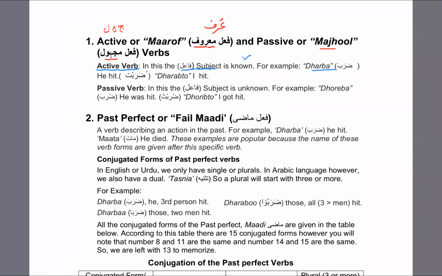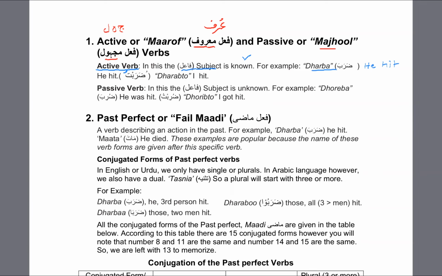So he is already in there. Darabtu, this should be darabtu, that means I hit. So these are the active ones which are direct. He hit or she hit or I hit.